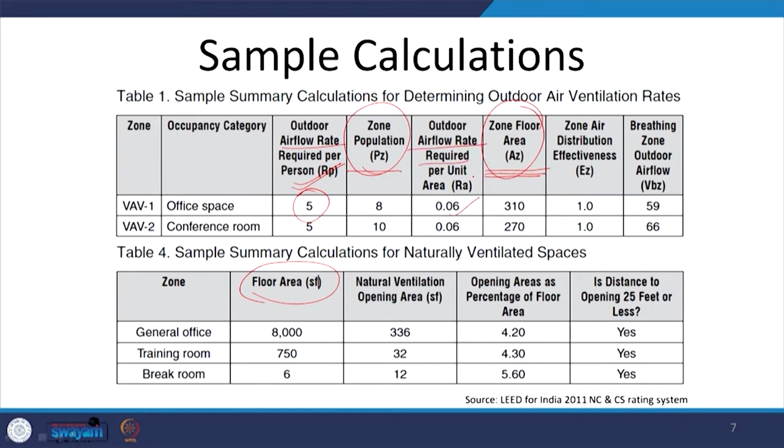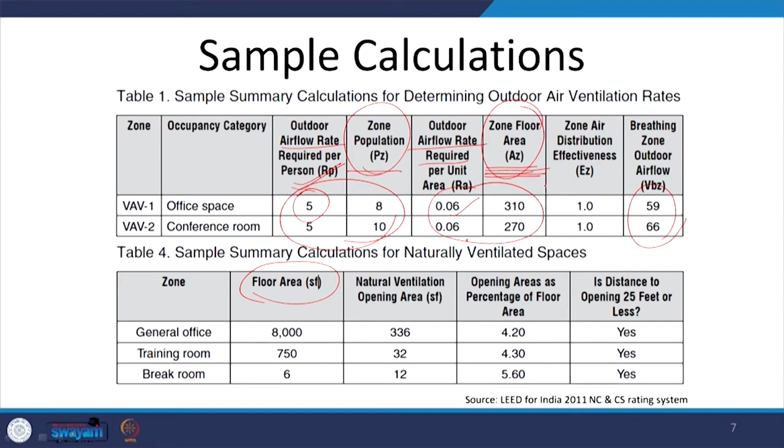The final air flow required, for which the system will be designed in case of a mechanical system, is an addition of both the per person and the floor area requirements, calculated on the basis of population and area.